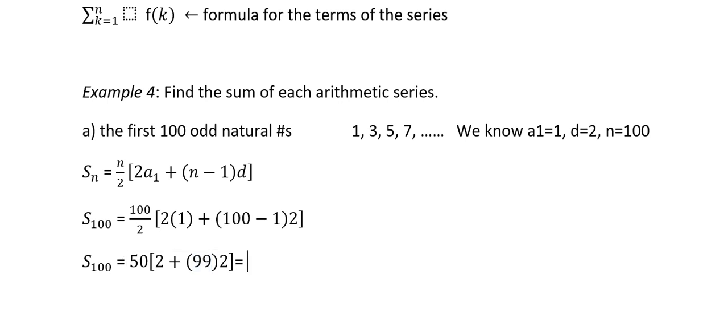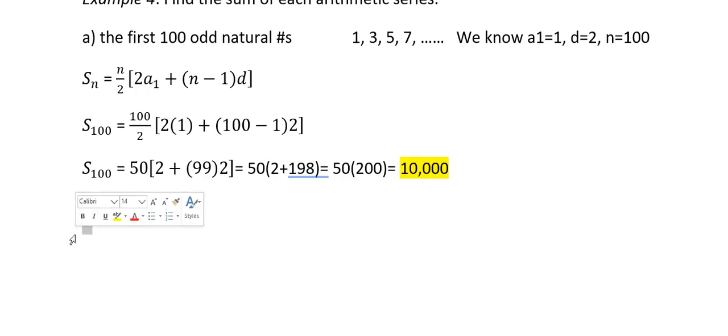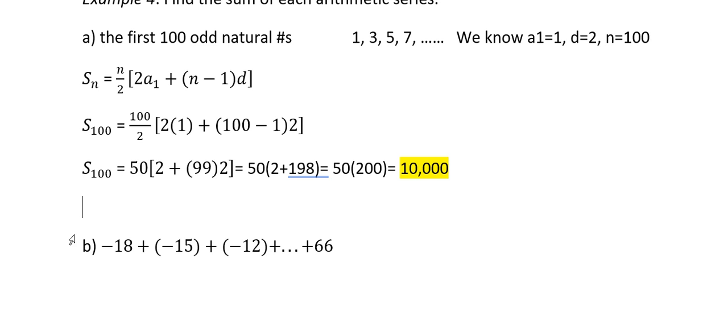So that would be the same as 50 times 2 plus 198, or 50 times 200, which is 10,000. So your final answer here, the sum of the first 100 odd natural numbers is 10,000. That one's nice and straightforward once we determine what they've given us.